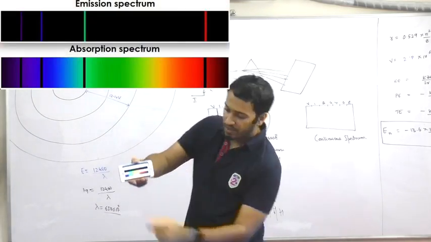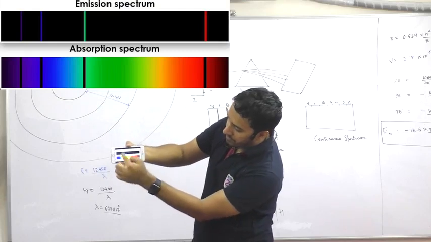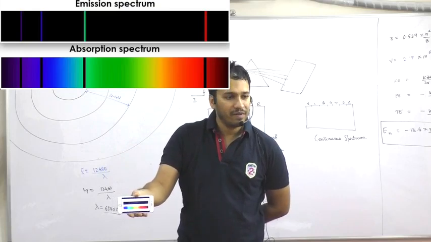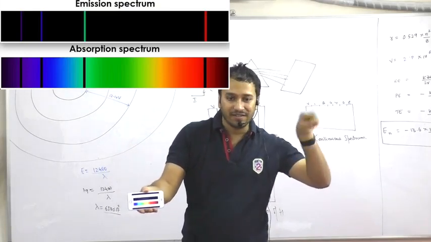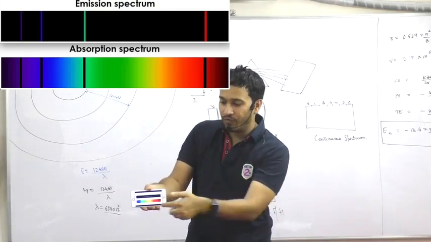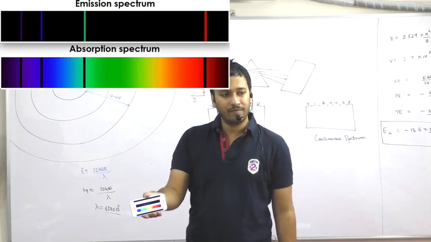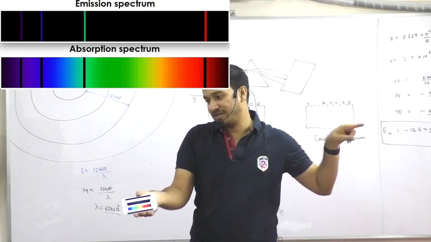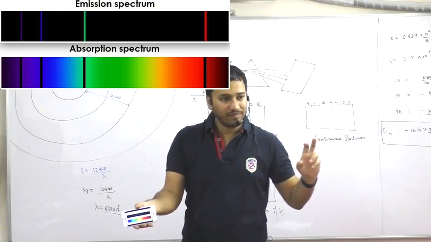Can you see here? The top spectrum is the emission spectrum. What do you see? It's completely dark, but you only see certain colored lines, right? And below we have the absorption spectrum. It is colorful. It has almost all the photons except for some. Are you getting it?